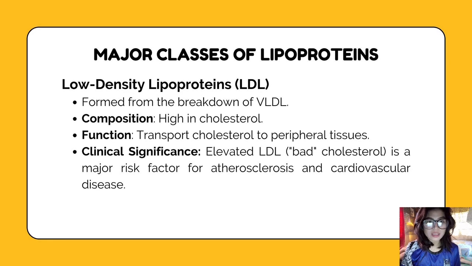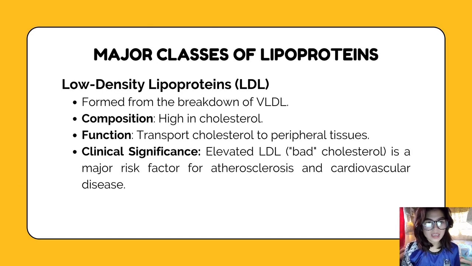How are LDLs formed and what is their main cargo? As VLDL particles circulate and deliver triglycerides, they become smaller and denser, eventually transforming into LDL, whose primary cargo is cholesterol. It carries this cholesterol to peripheral tissues.